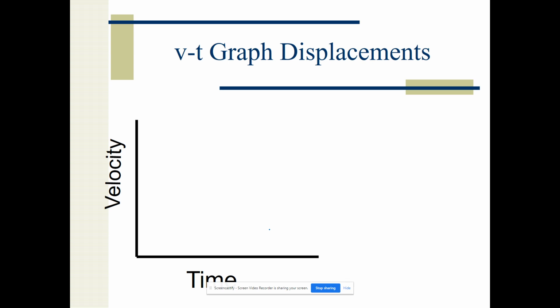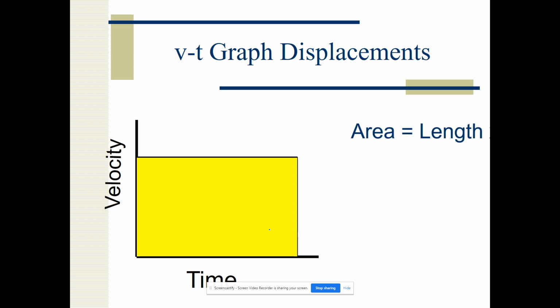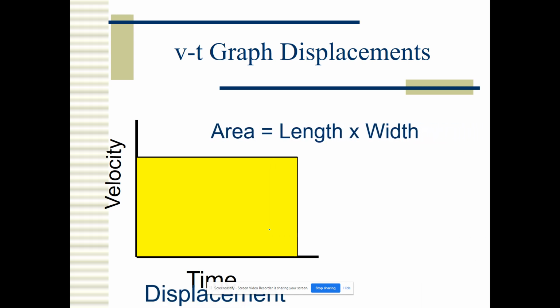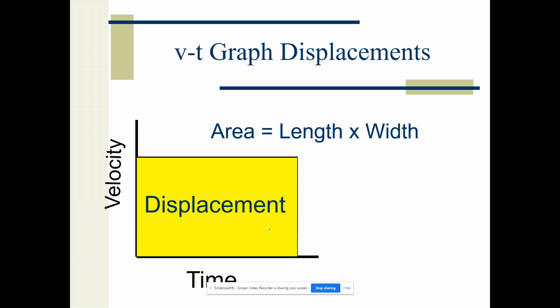Here is the velocity versus time graph. Let's pretend like the velocity is constant. It doesn't change velocity, and it travels at that speed over a certain amount of time. This is probably the simplest example that I could give you. If we take the area under the curve, that area right there, which is the length times the width, we get displacement. Okay? If you remember, our velocity or our speed formula is equal to the displacement or the distance over time.